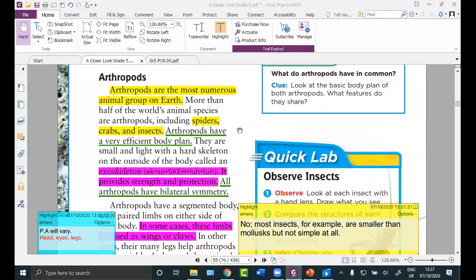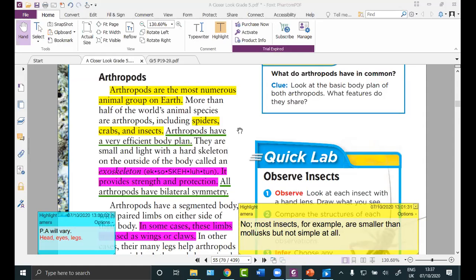Arthropods are the most numerous animal group on Earth. More than half of the world's animal species are arthropods, including spiders, crabs, and insects. Arthropods have a very efficient body plan.